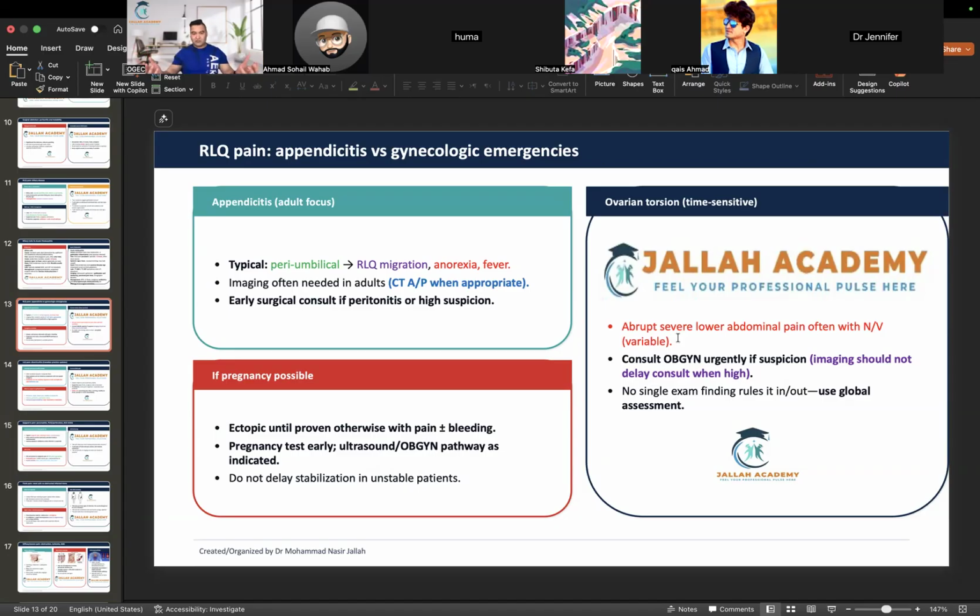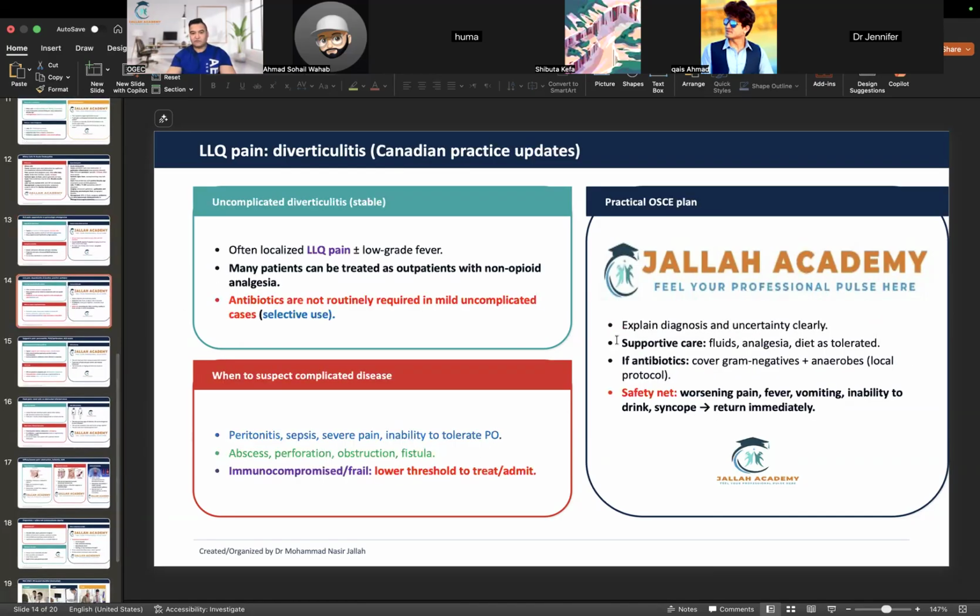Same thing with a male, young, exercising or engaged in sexual activity, mowing the lawn, running, playing around. Imaging should not delay. I think we did talk about this, so we're going to skip this slide.